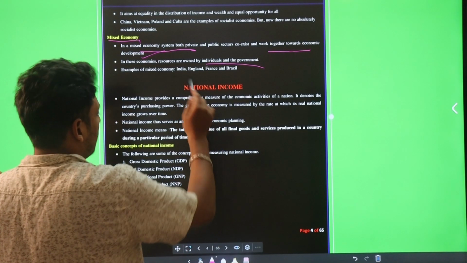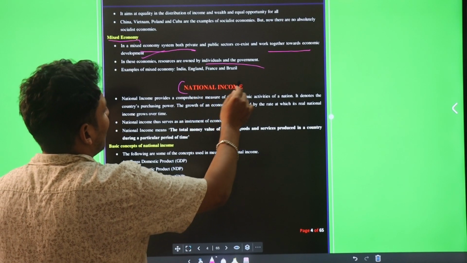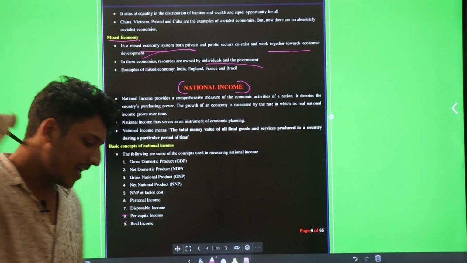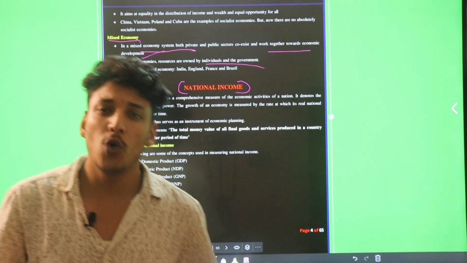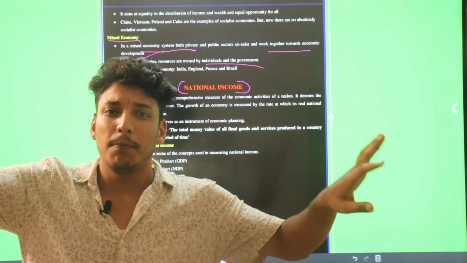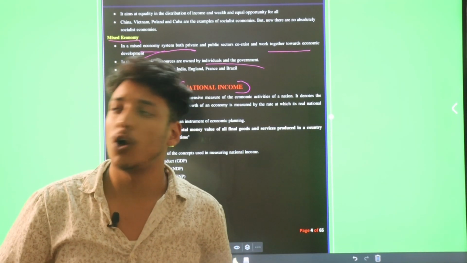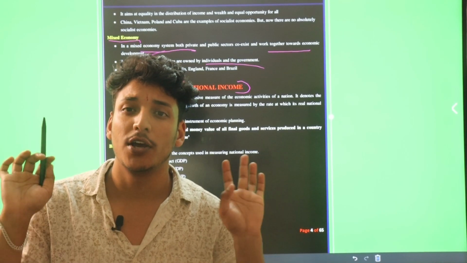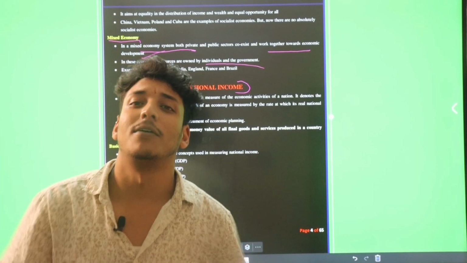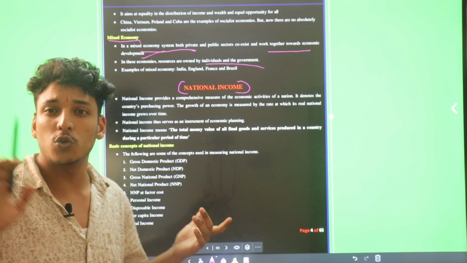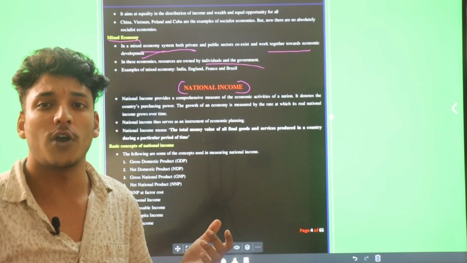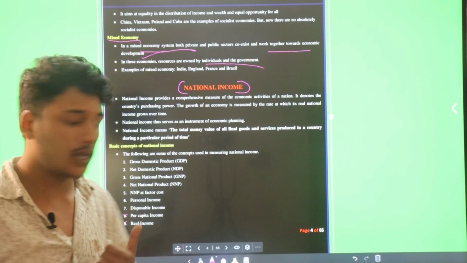Now we will talk about national income. Basically, national income is the income which you are earning within the border of the Union or India. That is your total national income. In this national income, you don't include the income you are earning from foreign countries or abroad. Remember this.